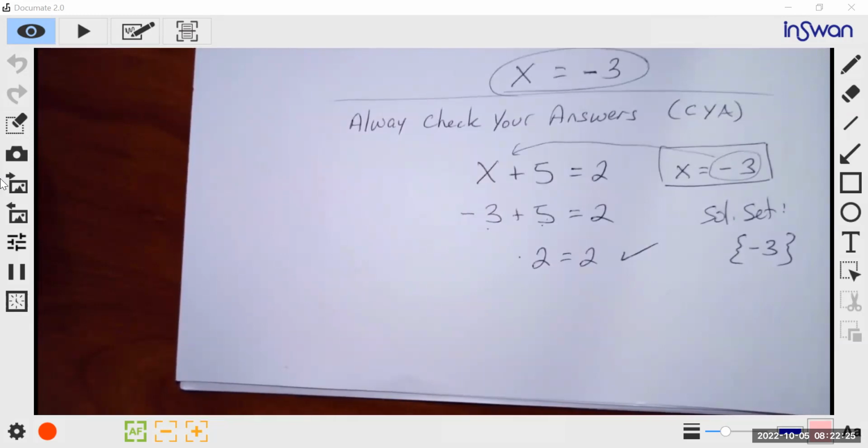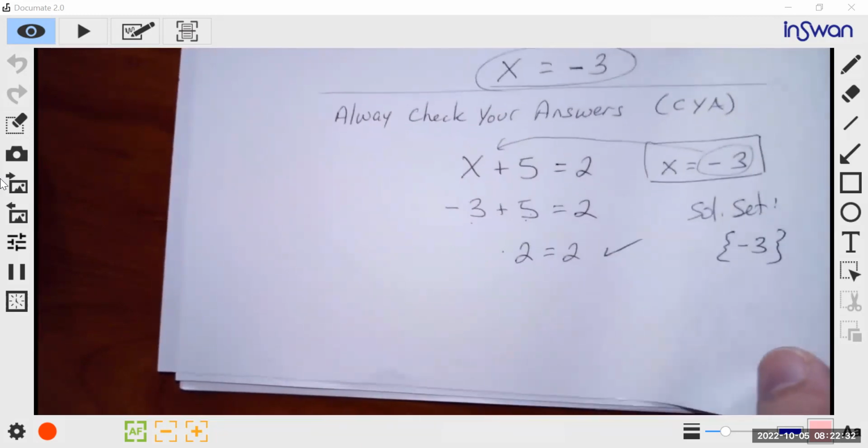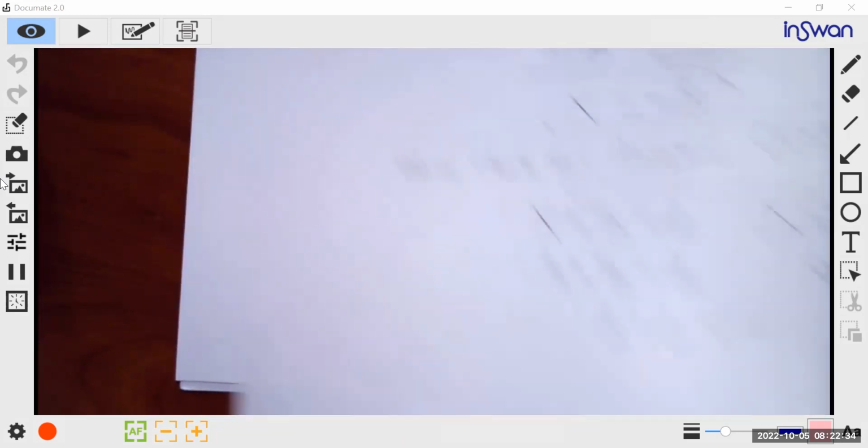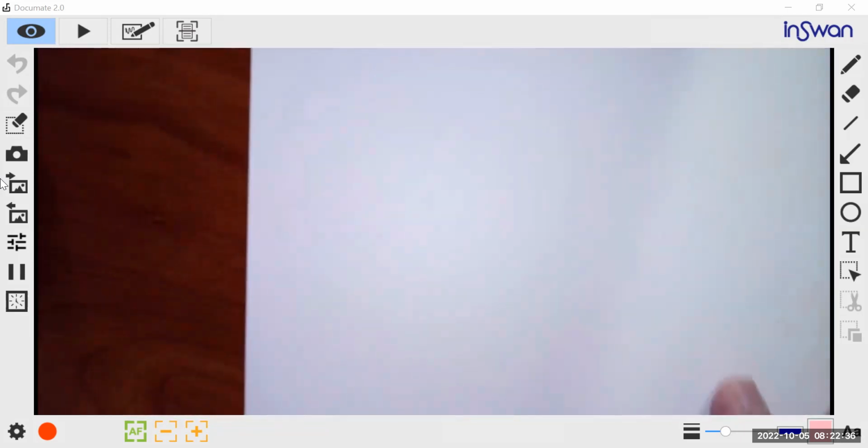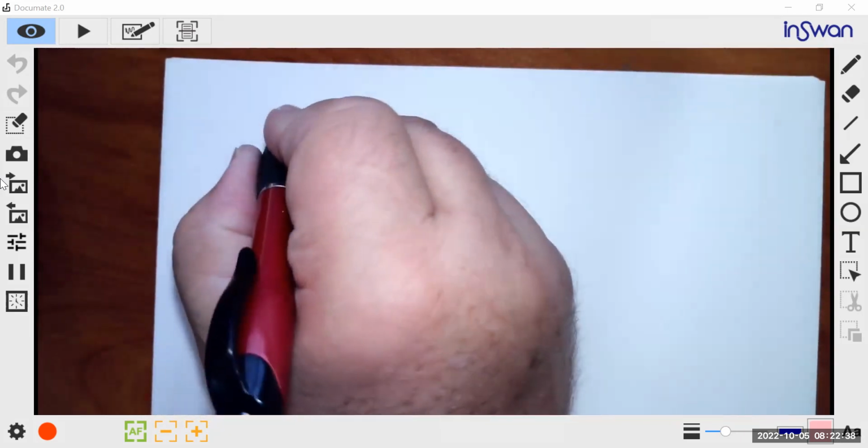I know you all, next to fractions, decimals are the least favorite numbers to deal with. Okay, so let's do this.